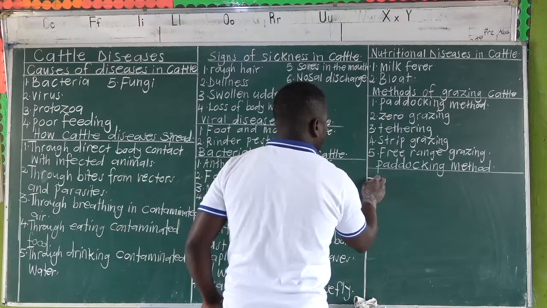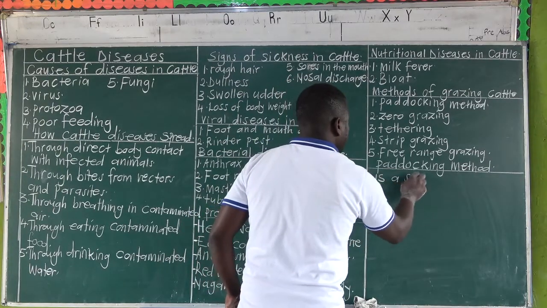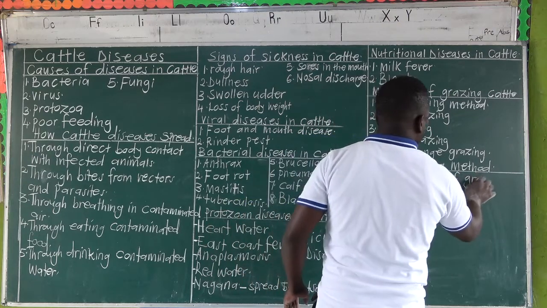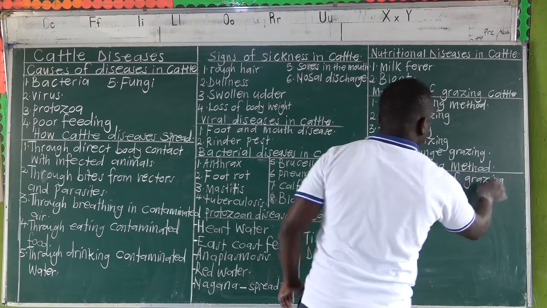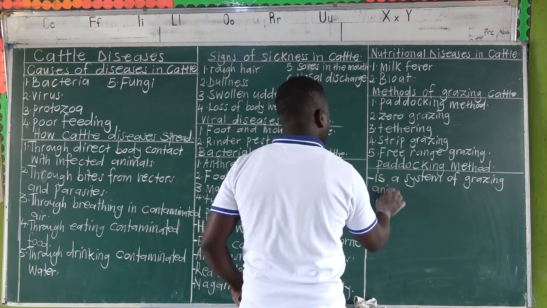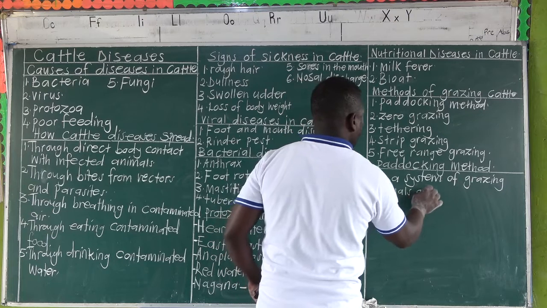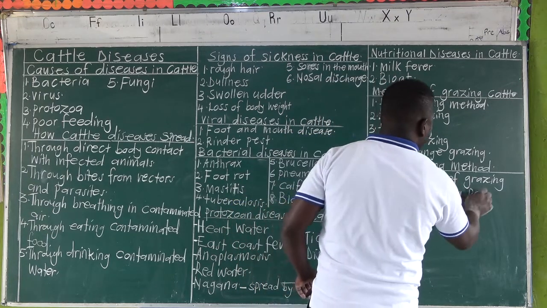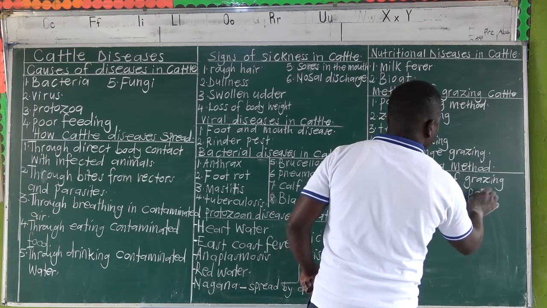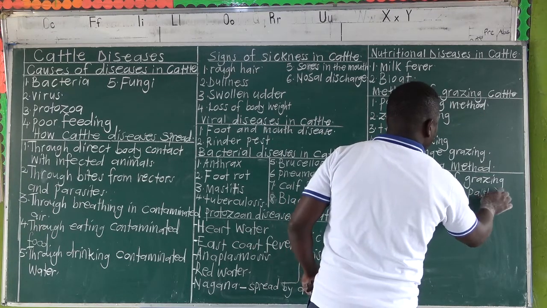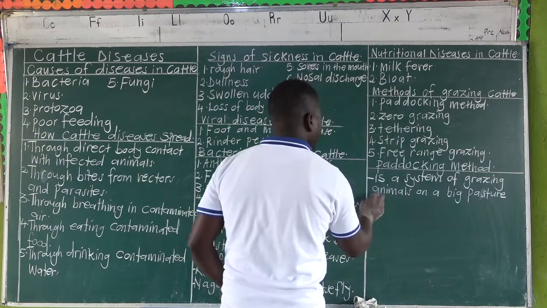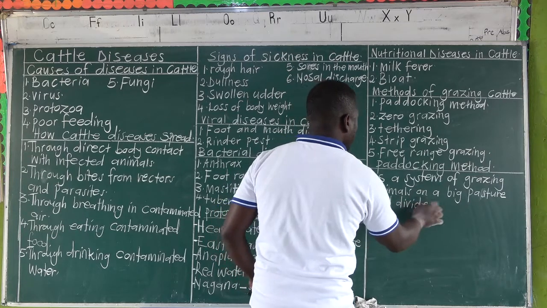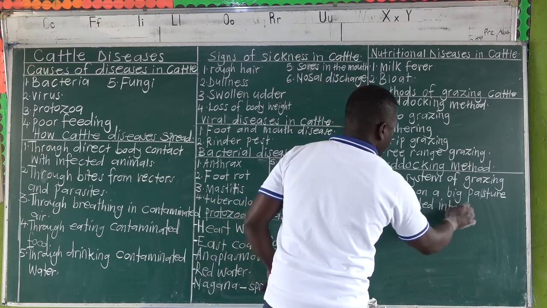So we shall say it is a system of grazing animals on a big pasture land divided into paddocks.